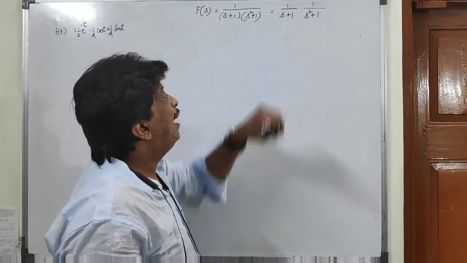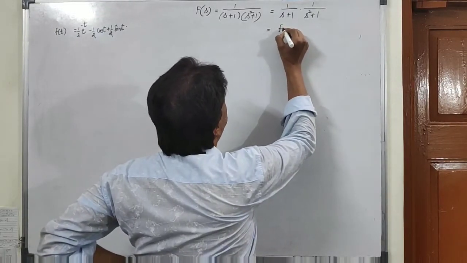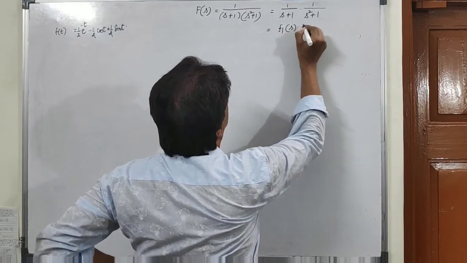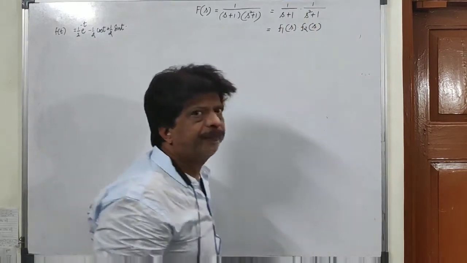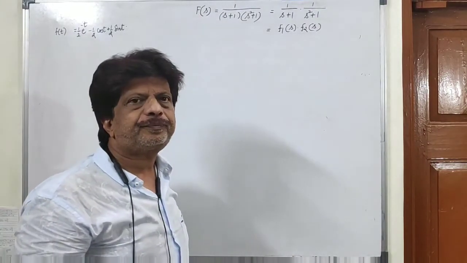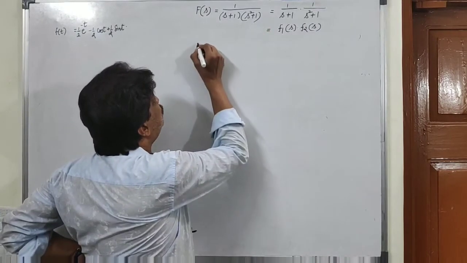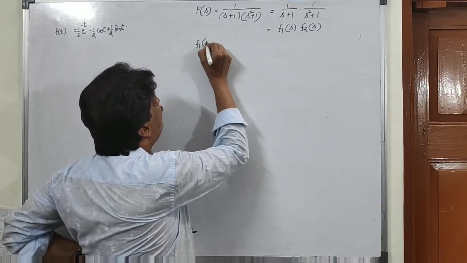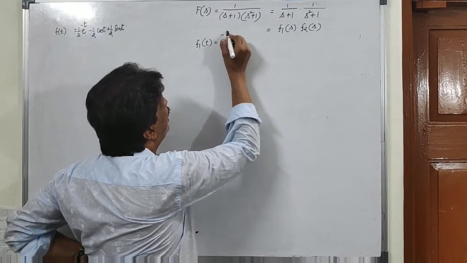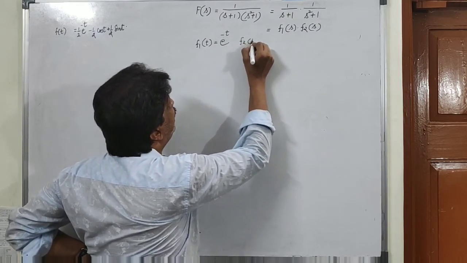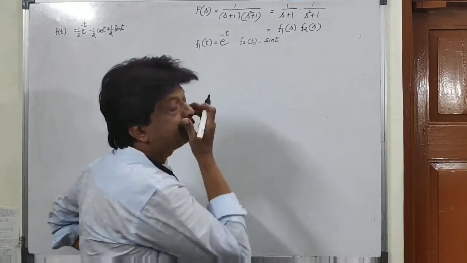Now, I will be considering this as F1 of S, and this is F2 of S. F1 of S is 1 upon S plus 1, therefore F1 of t is e to the power minus t, and F2 of t, their inverse, is sin t.